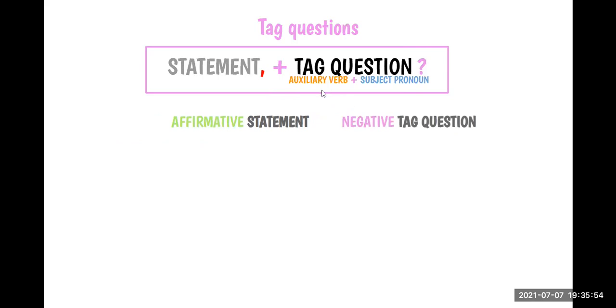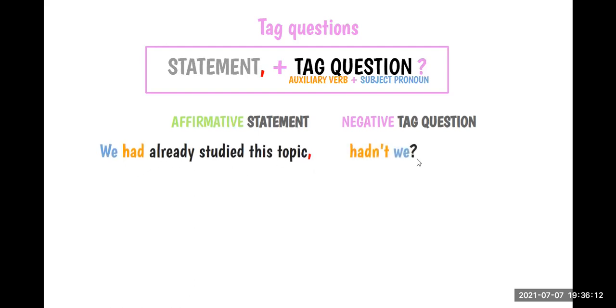Okay, remember that for tag questions, we always need to contract the auxiliary verb and the negative form. Okay, so auxiliary verb and this auxiliary verb is contracted. Okay, for example, we have already studied this topic, hadn't we? Okay, then we're going to check the intonation of these sentences, these questions.